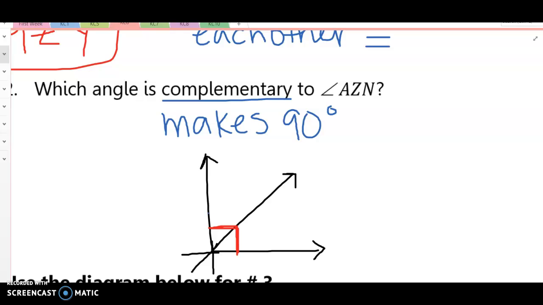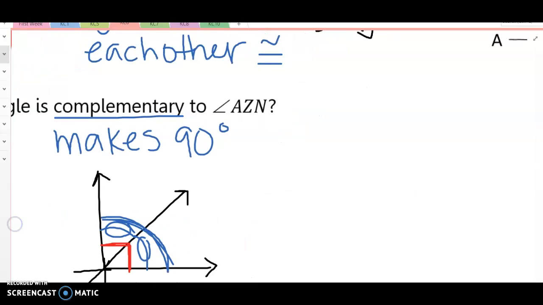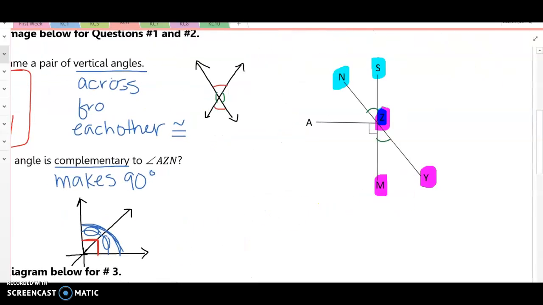So then this angle plus this angle are complementary because when you put them together, they make 90 degrees. They complement each other. So let me erase the colors that are on here right now so you can see what's going on.